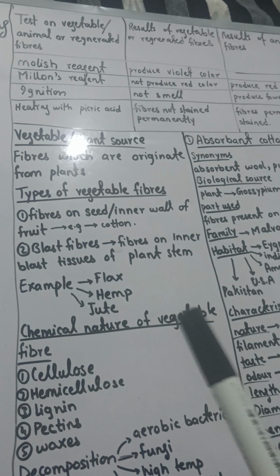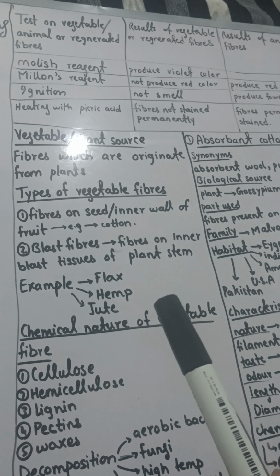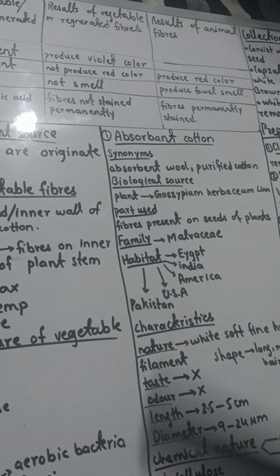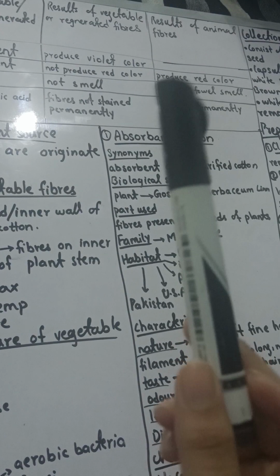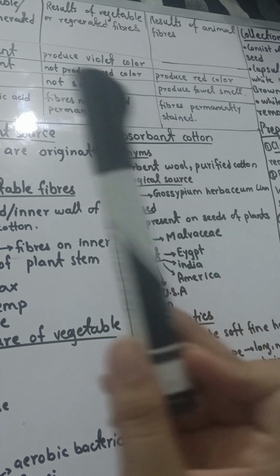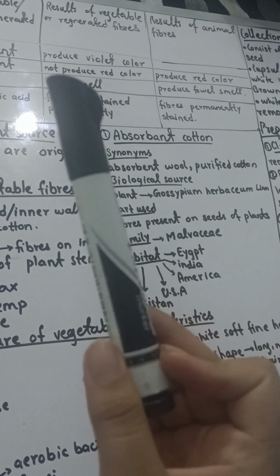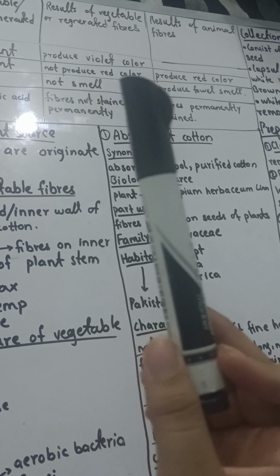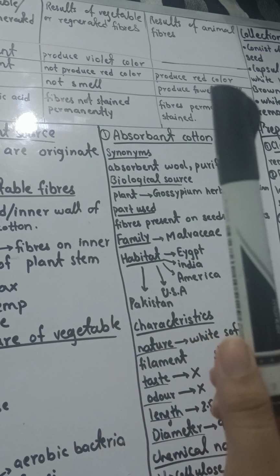Now see the results for fibers of animal source. With Millon's reagent, vegetable and regenerated fibers don't produce red color, while the animal fibers produce red color.